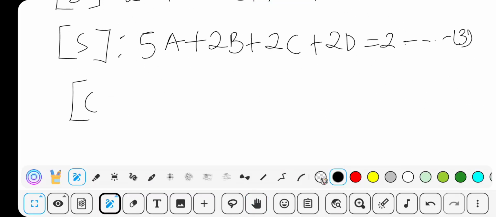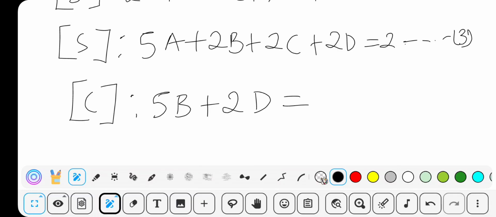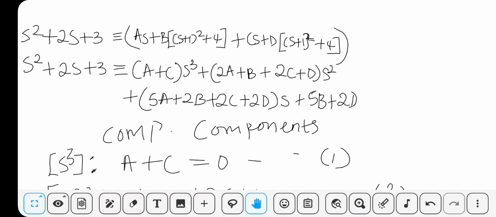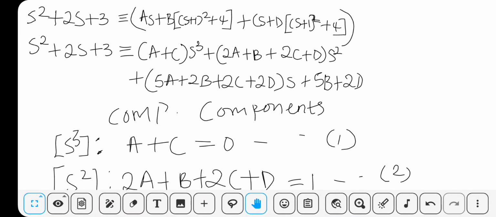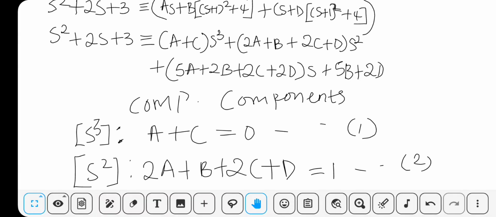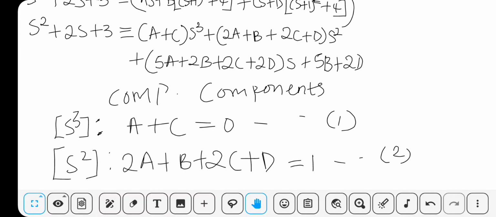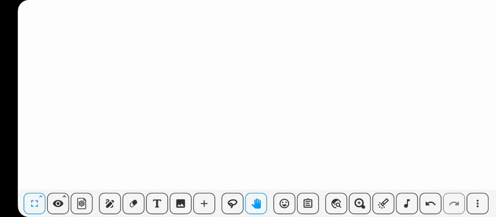Then for the constant component, 5b plus 2d is equal to 3, as they are both constants.